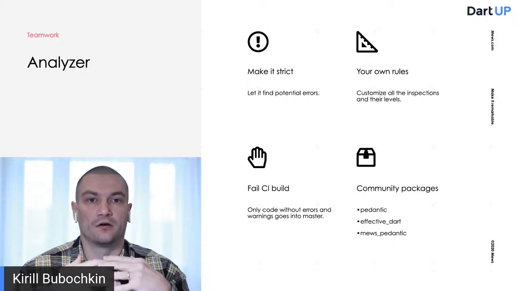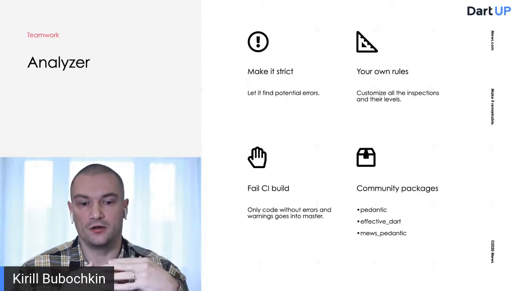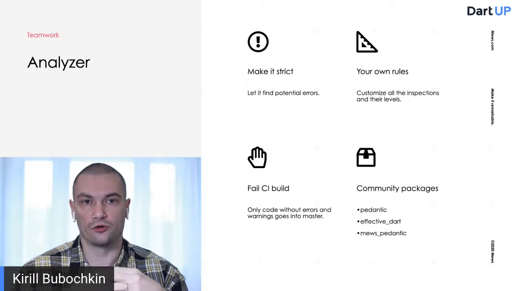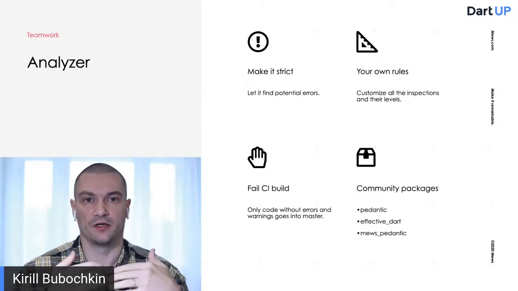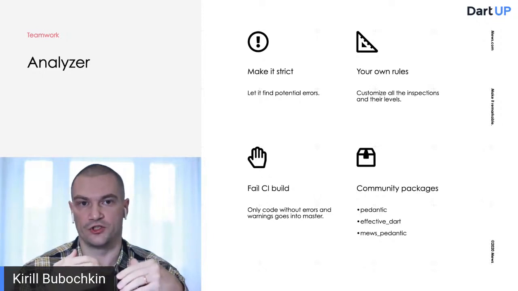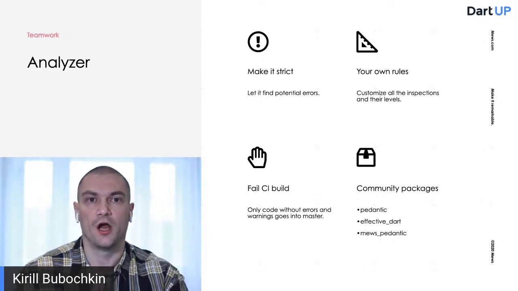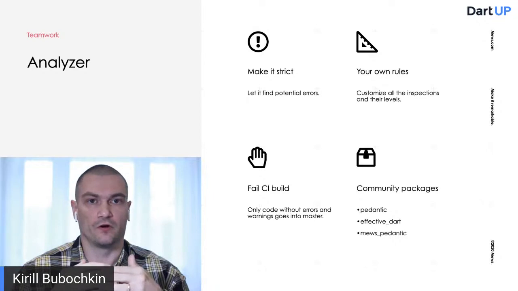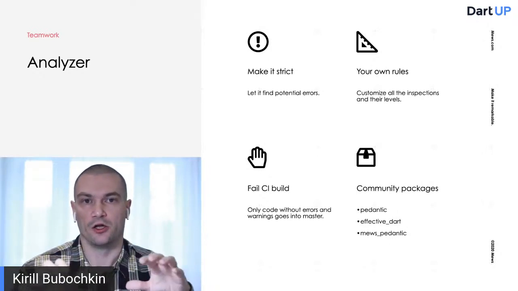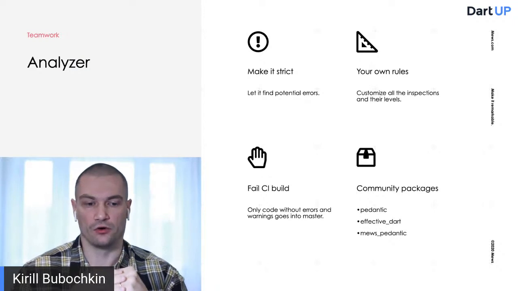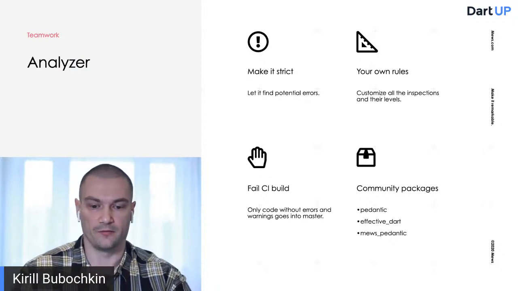And actually, we have a lot of rules defined as warnings, because when you're just in a development phase, when you're just playing with your code, you probably don't want the compilation to fail or your hot reload to stop working just because you have some not properly formatted code or you have some unused variables there.